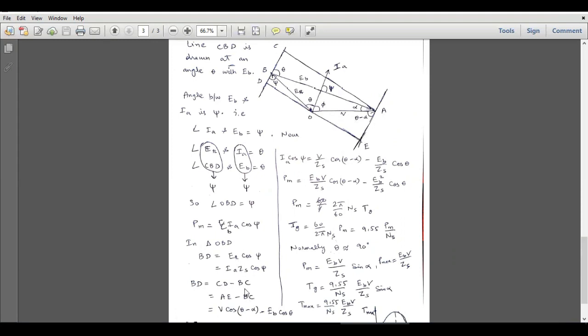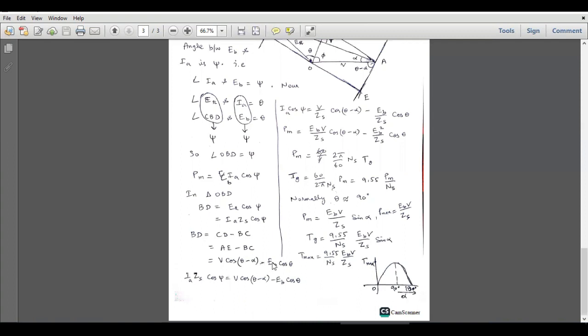The next term is BC, and BC can also be calculated by assuming this right angle triangle, and here BC will be equal to EB times cos theta. So this is the new set of equations which we have obtained. So BD is equal to AE minus BC, and this is IA ZS cos psi equal to V times cos theta minus alpha minus EB times cos theta.